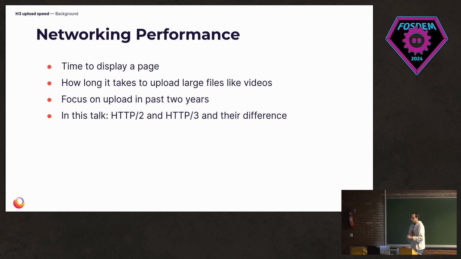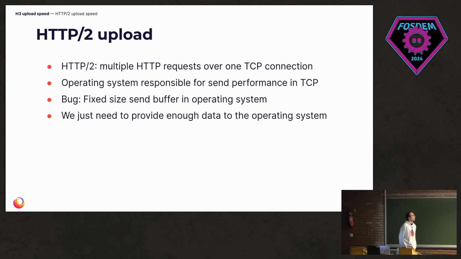And so for HTTP2 upload, first, what's the difference in HTTP2 to HTTP1? In HTTP2, we allow making multiple HTTP requests via one TCP socket. And this TCP socket is handled by the operating system.